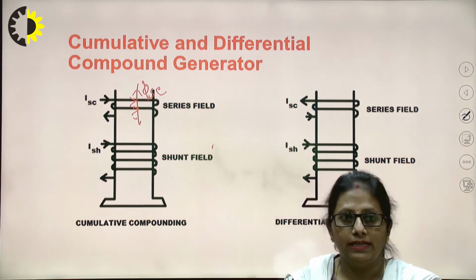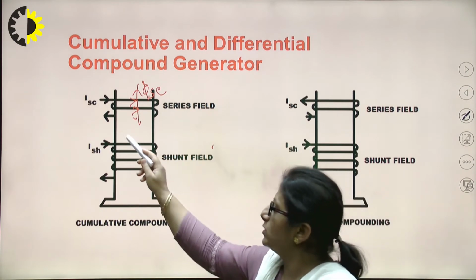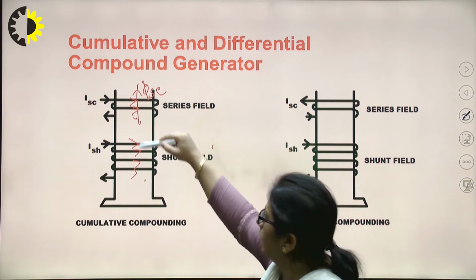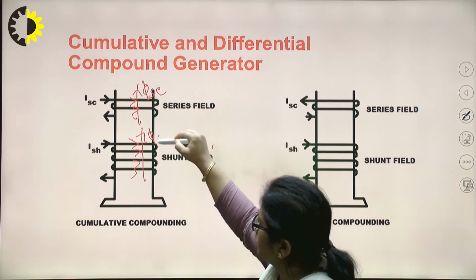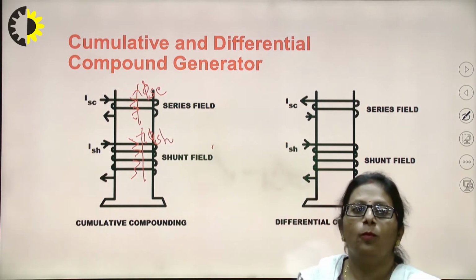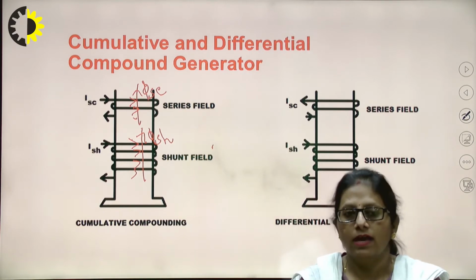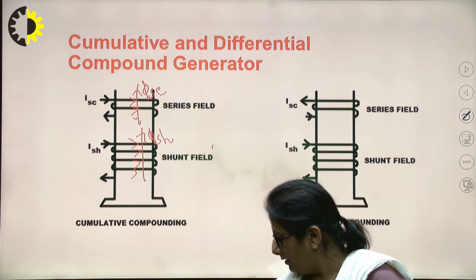Similarly, the shunt field winding has the same direction, so the flux produced will also be in the same direction. Both of the fluxes are supporting each other.